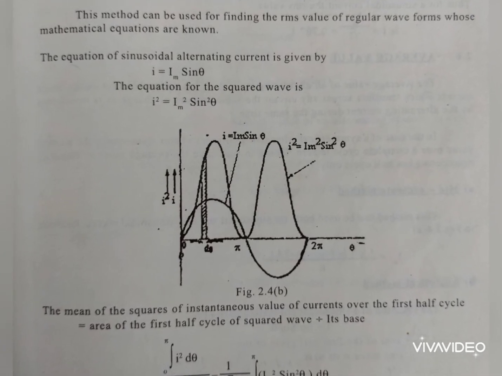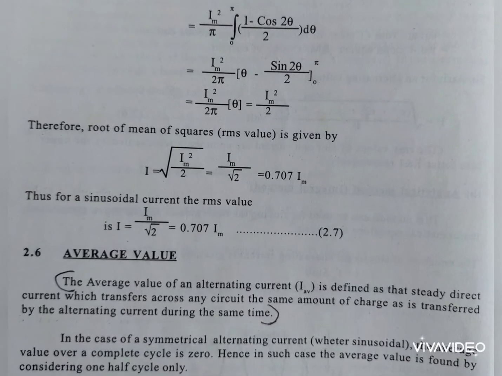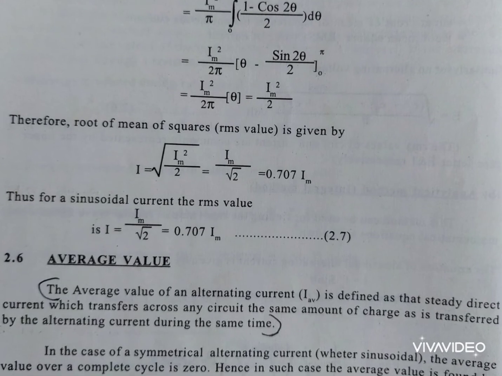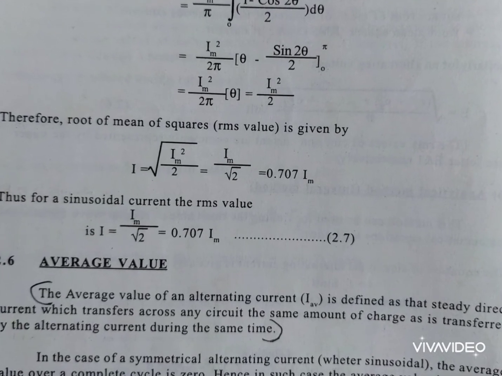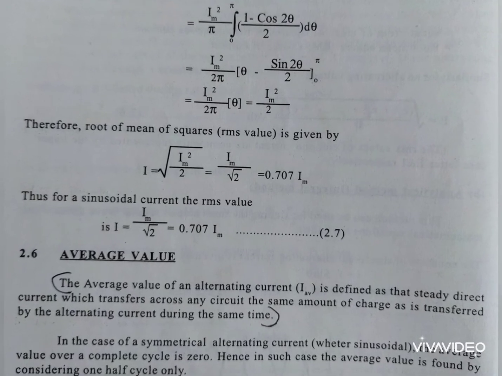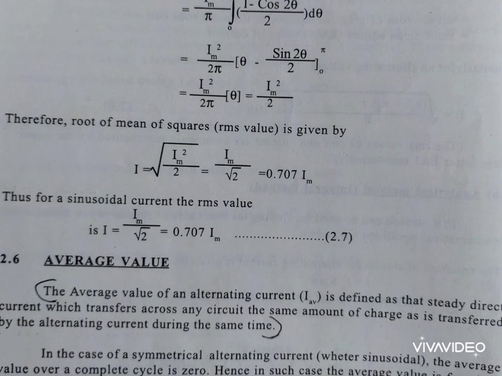Sin square theta can be written as 1 minus cos 2 theta divided by 2. Taking the integration, we get theta minus sin 2 theta divided by 2. Then applying the limits pi and 0, we get the answer Im square by 2.